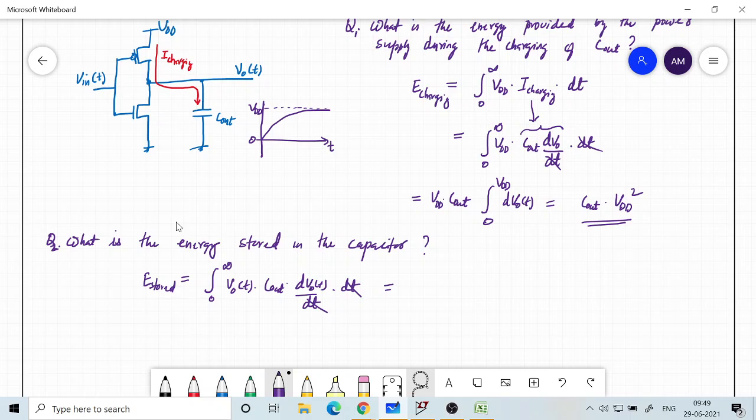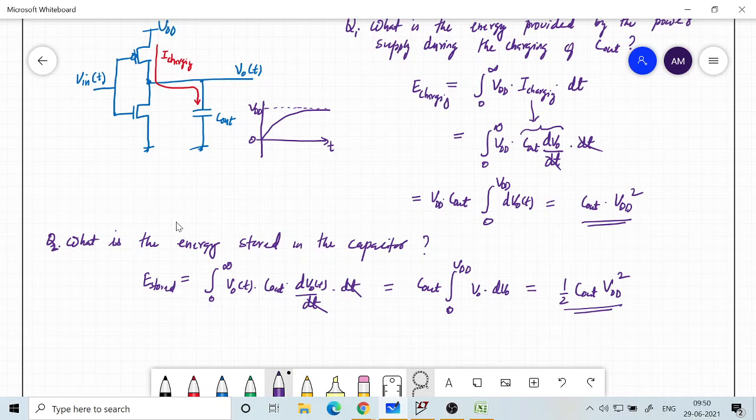So if you evaluate, C out is a constant, integral 0 to VDD. We convert the time integral to a voltage integral, and here we have V naught dV naught. So the integral of V naught is V naught square by 2. Put in the limit, and we will have half C out VDD square.